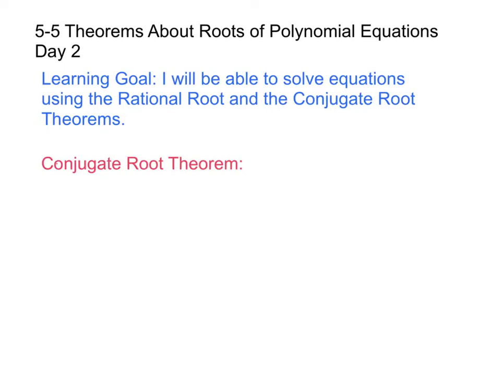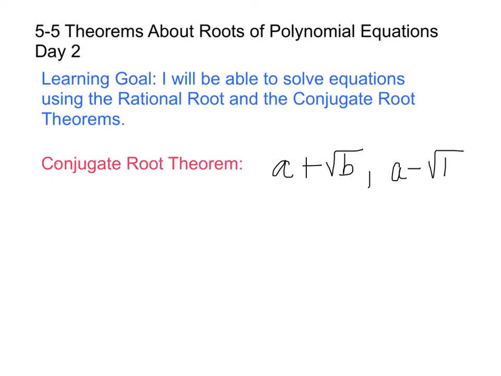And basically it says that when you have conjugate roots, that means if you have something like a root in this form, which means it's going to be irrational, then its conjugate will also automatically be a root.